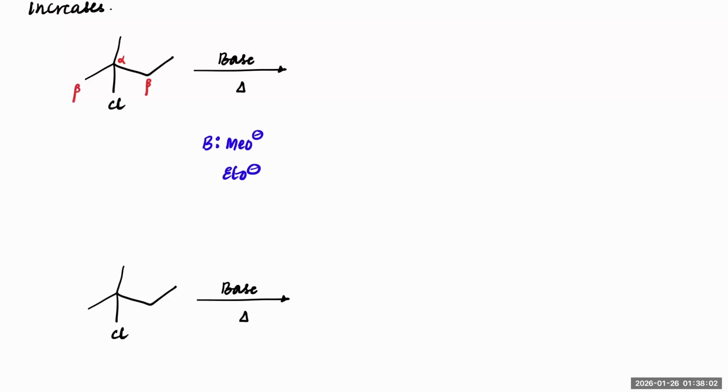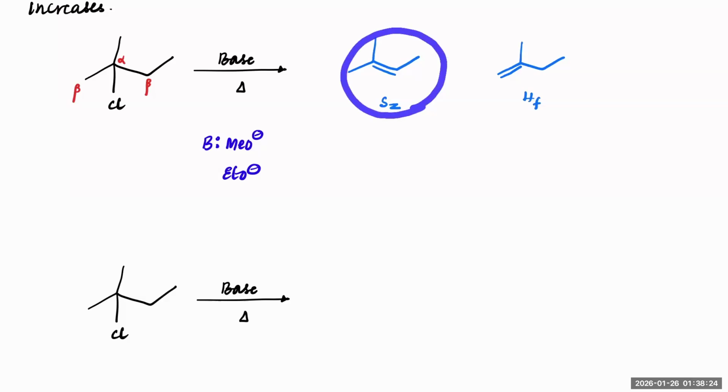Most likely, the products you expect in this case are these two: one double bond on this position, the other double bond on this position. If you notice, this is the Saytzeff product, this is the Hofmann product. As product stability, it appears that Saytzeff is major and Hofmann is minor. But unfortunately, Hofmann can also come as major.